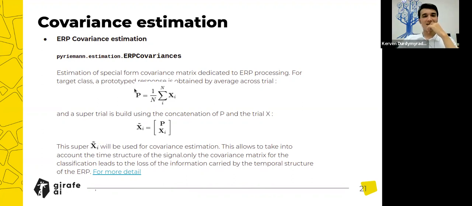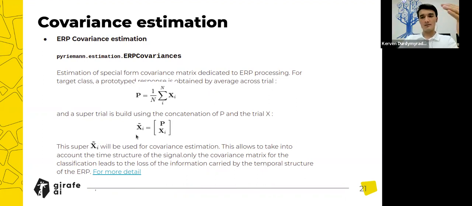In that case, first we take the average of our data xi, and we concatenate it with our xi data.